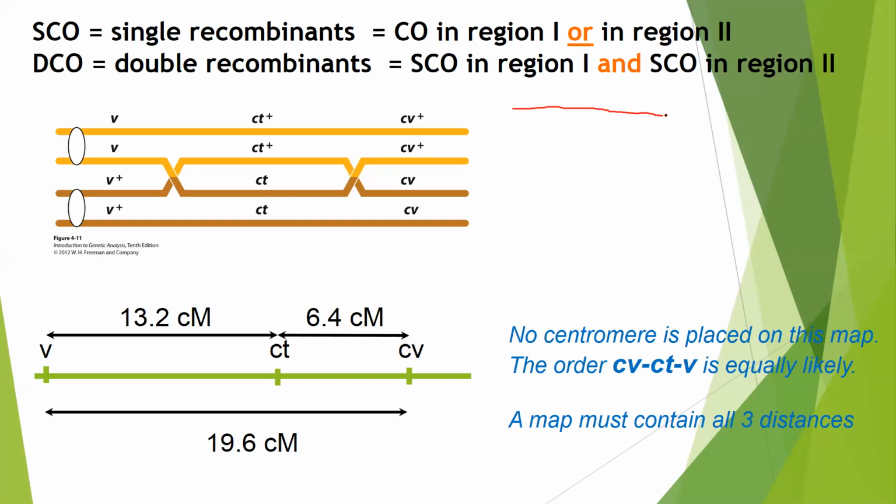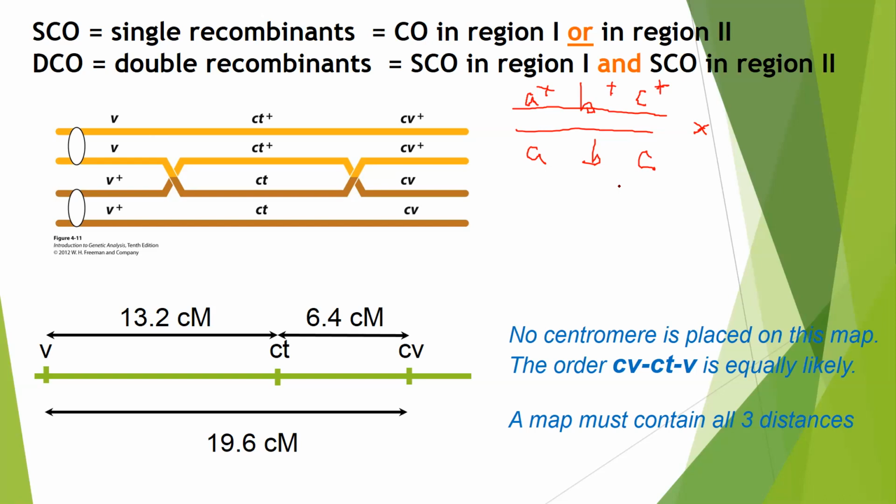So we have, for example, A plus, B plus, and C plus, and we have another chromosome that is A, B, C. So this is the tri-hybrid. We test cross this one using the homozygous recessive, and then we can get a bunch of progeny. Based on the phenotypes of those progeny, we can derive the map of the 3 genes, right?